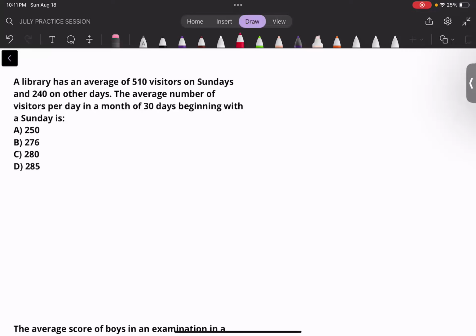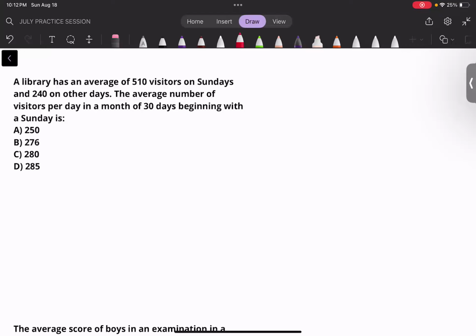Did you apply the deviation method by any chance? Did you apply? Okay, if you are saying no, in that case, I will say if values are big, try to apply. If values are small, don't apply. So you should have applied.